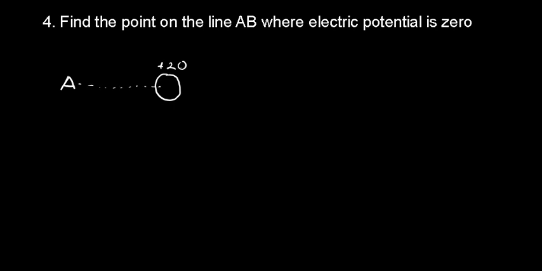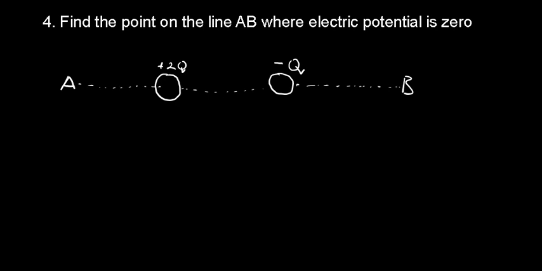And we have another charge here, negative Q, and this is point B. The distance between positive 2 and negative 1 here is what? Is 1 meter.